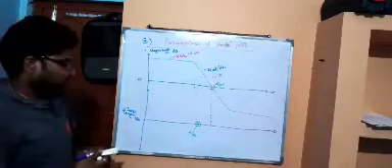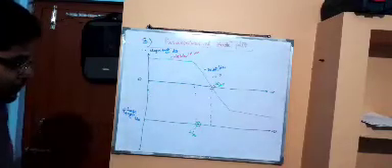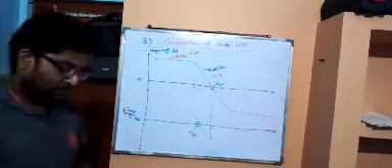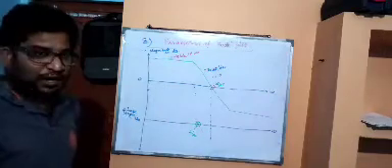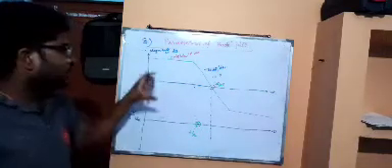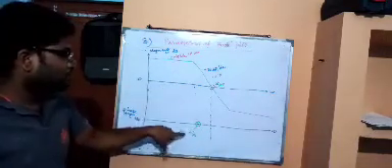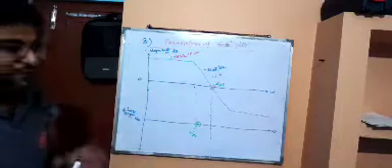Okay. Now with respect to this we can also define the gain margin and phase margin. Right now I am just marking the gain margin and phase margin, and afterward I will discuss what is gain margin, what are these two frequencies, and also the phase margin.